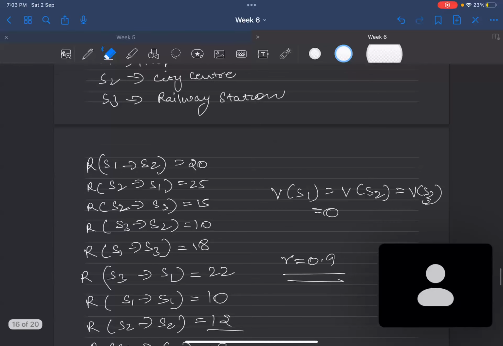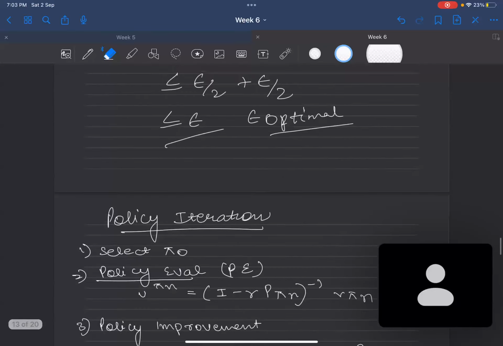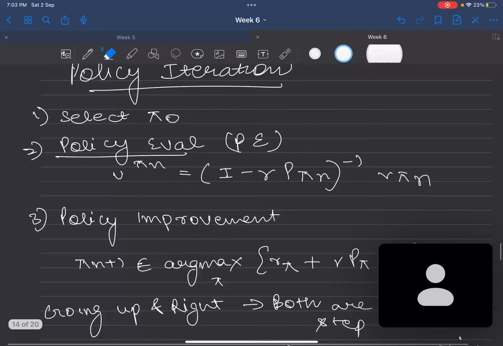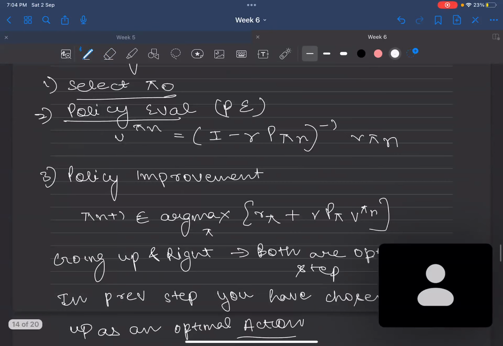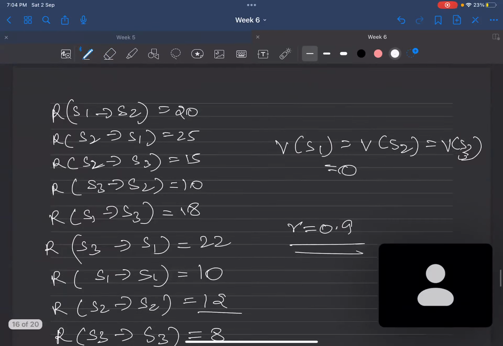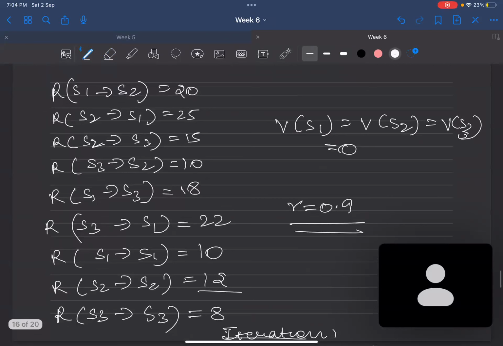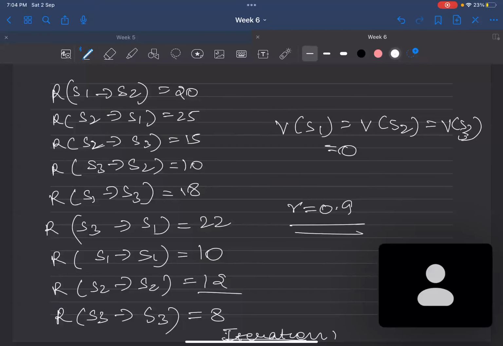What I'm saying is, in policy iteration, select any pi naught, meaning I'll select any random policy first. Either I'll go from S1 to S1 only, or from S1 to S2, or from S1 to S3.